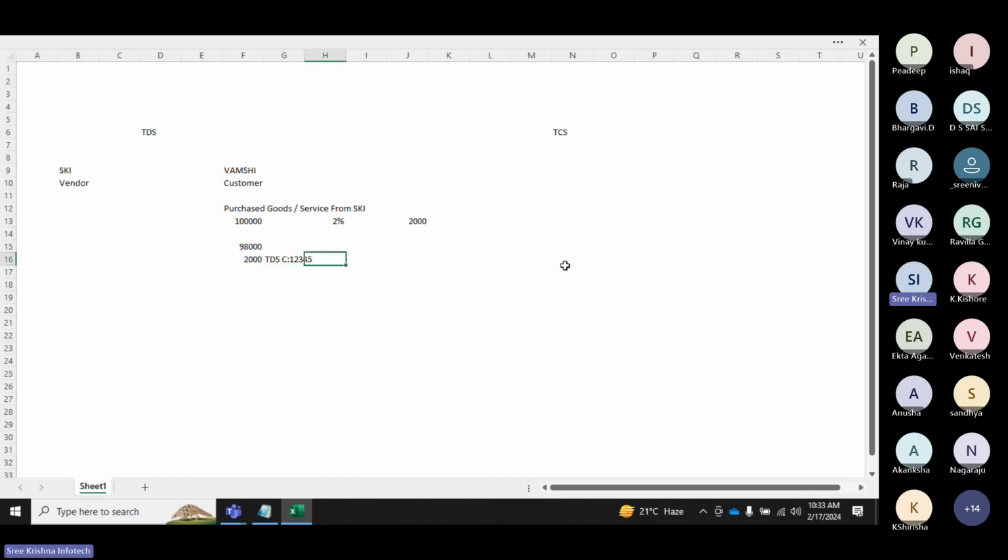This challan value is equal to 2000. 2000 plus 98,000, 1 lakh satisfied. At year end, Sri Krishna will submit IT returns. They will show the source of the 1 lakh entry is received from Vamshi Enterprises Company, and 2000 already paid as TDS, and this is the TDS certificate number 1, 2, 3, 4, 5.